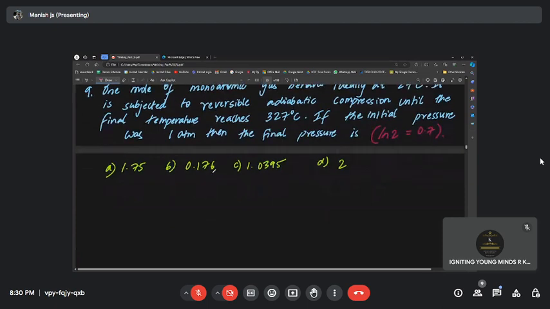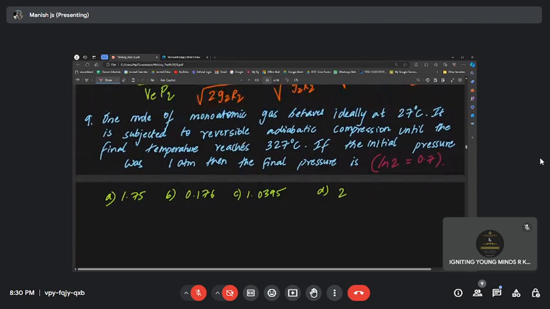They have told that 1 mole of monoatomic gas. I hope you guys know what is monoatomic. Atomicity is 1. So it behaves ideally. What do you mean by it behaves ideally? It means that it satisfies the ideal gas equation, right? I hope you guys know what's the ideal gas equation. So that is what it means by behaves ideally at 27 degrees Celsius.